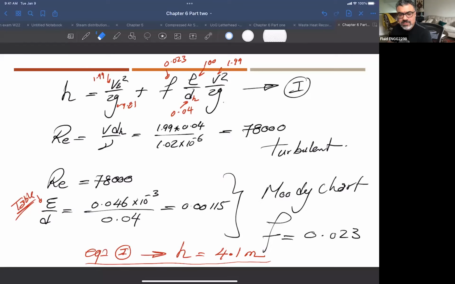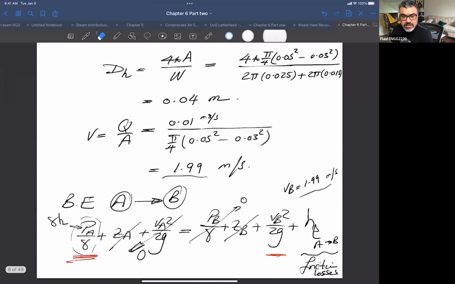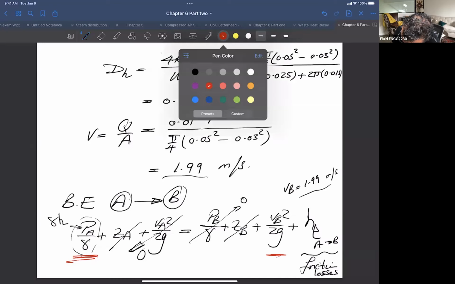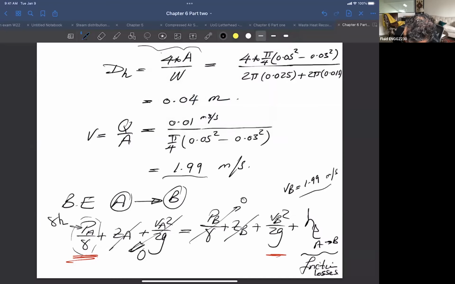So the idea here is just to focus on the point. We needed the elevation of the tank, and in this case, what we need to do is find out the appropriate hydraulic diameter. If we have a non-circular duct, the only difference is that we have to use this equivalent formula here, right?